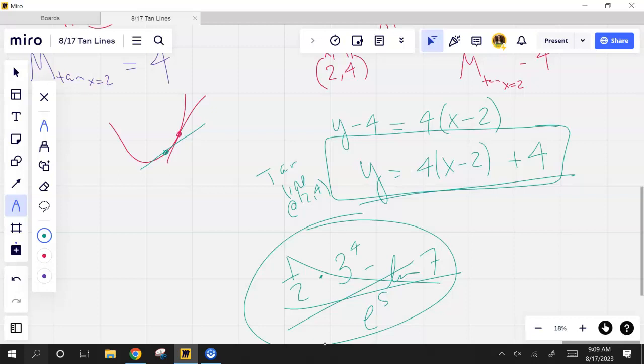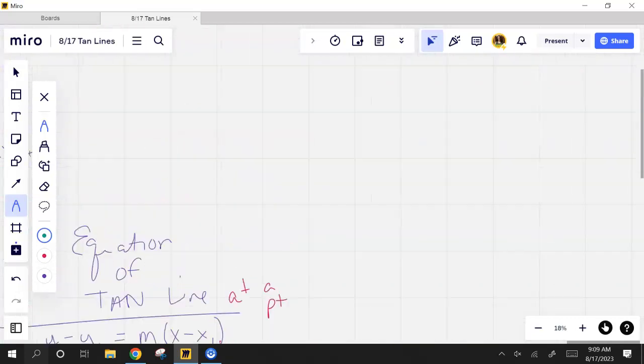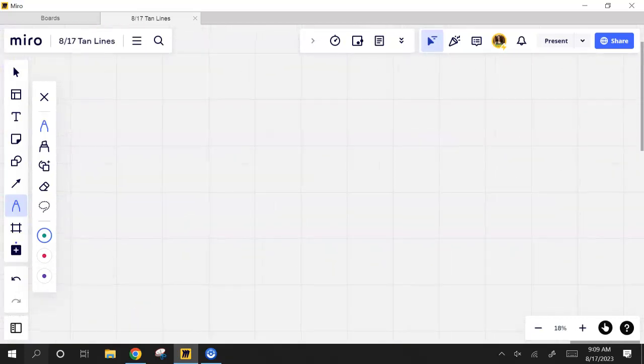Anyway. Okay. The request was to do one from the homework. It says find the equation of the tan line at the point.